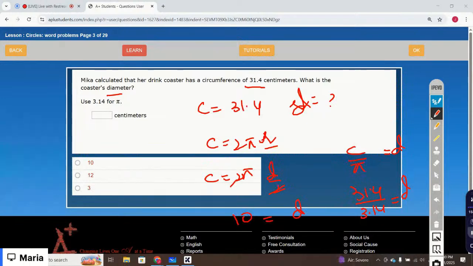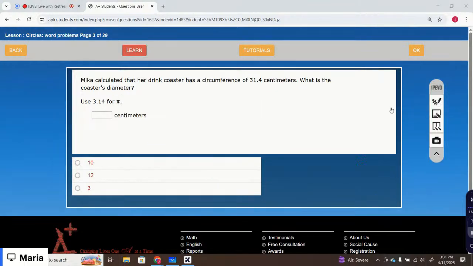So d equals 10. Option number 1 is the correct option. 10 it is.